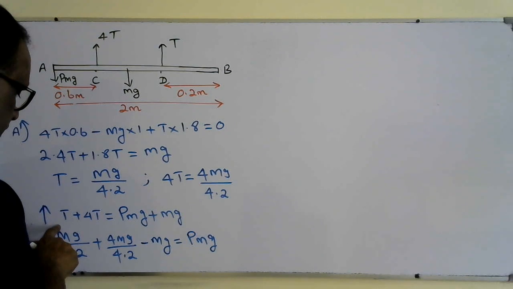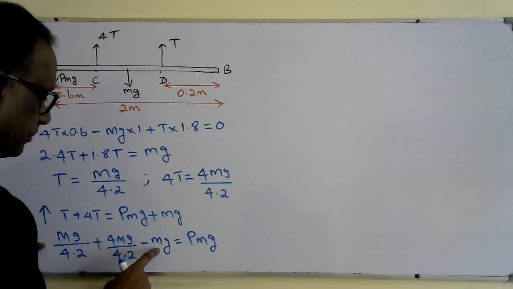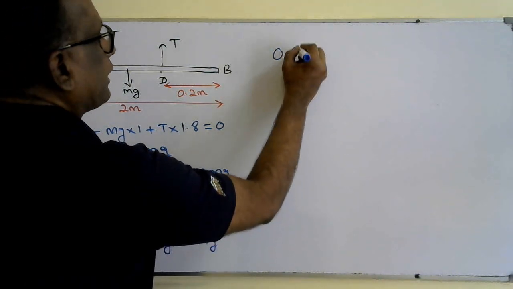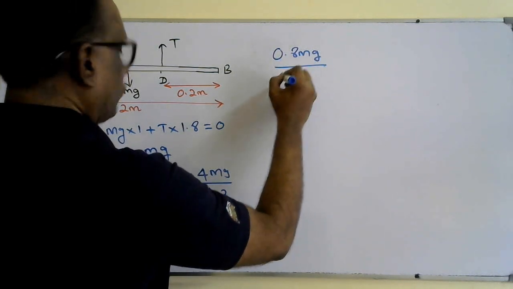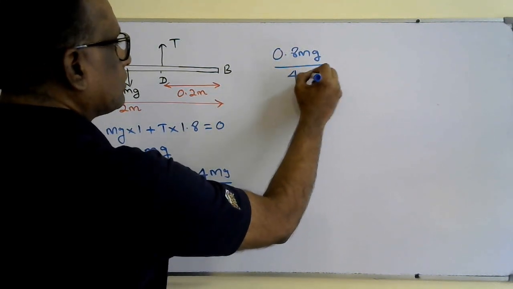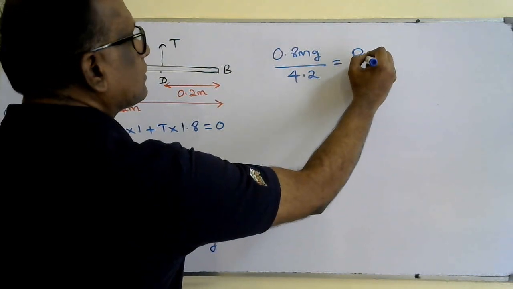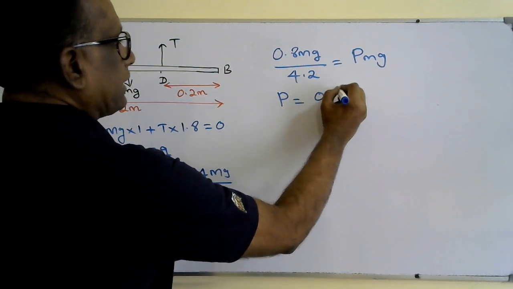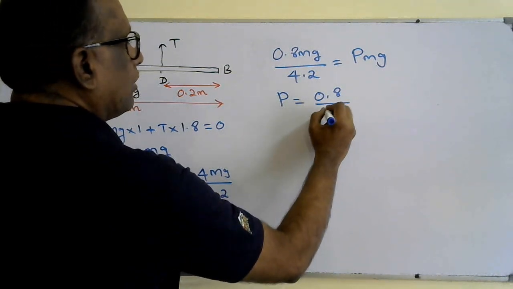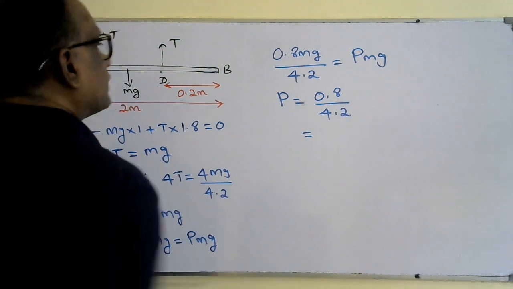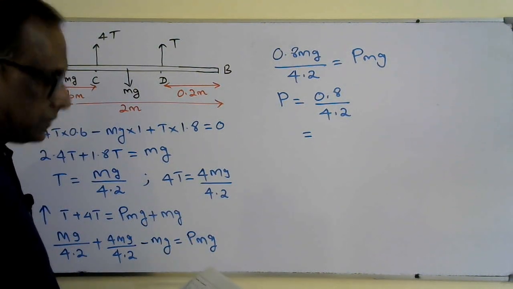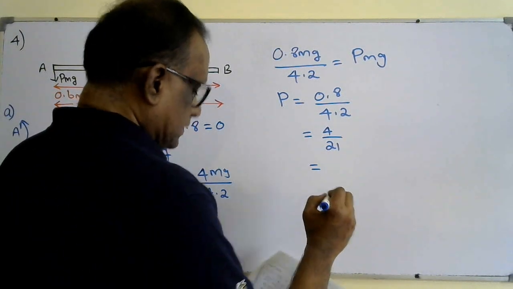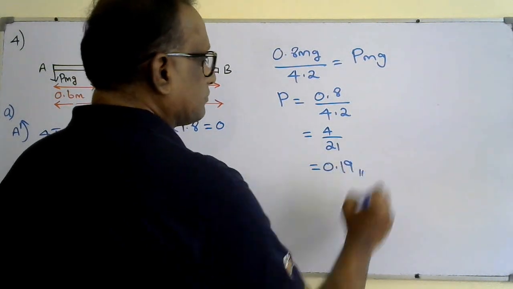This is 4mg plus mg, 5mg over 4.2, and if you take common factors, it is going to be 0.8mg over 4.2 equal to PMG. So mg will get cancelled. P is going to be 0.8 over 4.2, which we can write as a fraction as 4 over 21, or in decimal 0.19. That's the value of P.